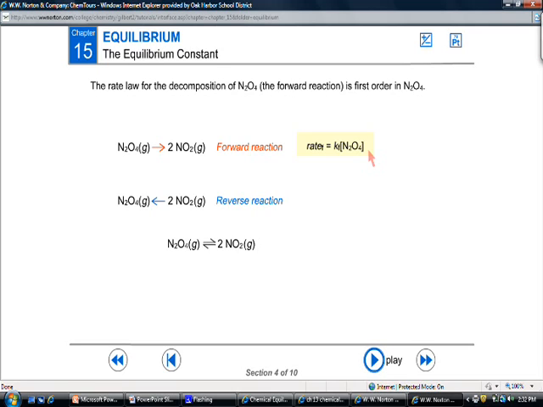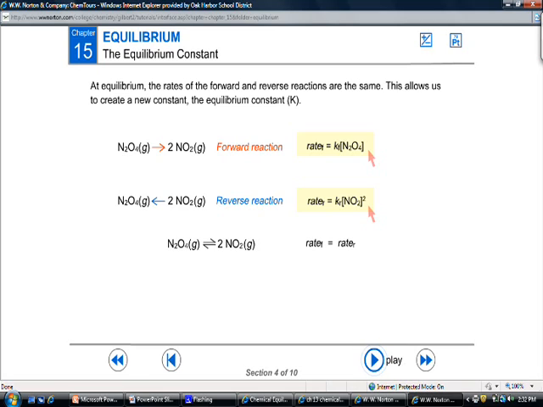The rate law for the decomposition of N2O4, the forward reaction, is first order in N2O4. The rate law for the formation of N2O4 from NO2, the reverse reaction, is second order in NO2. At equilibrium, the rates of the forward and reverse reactions are the same.